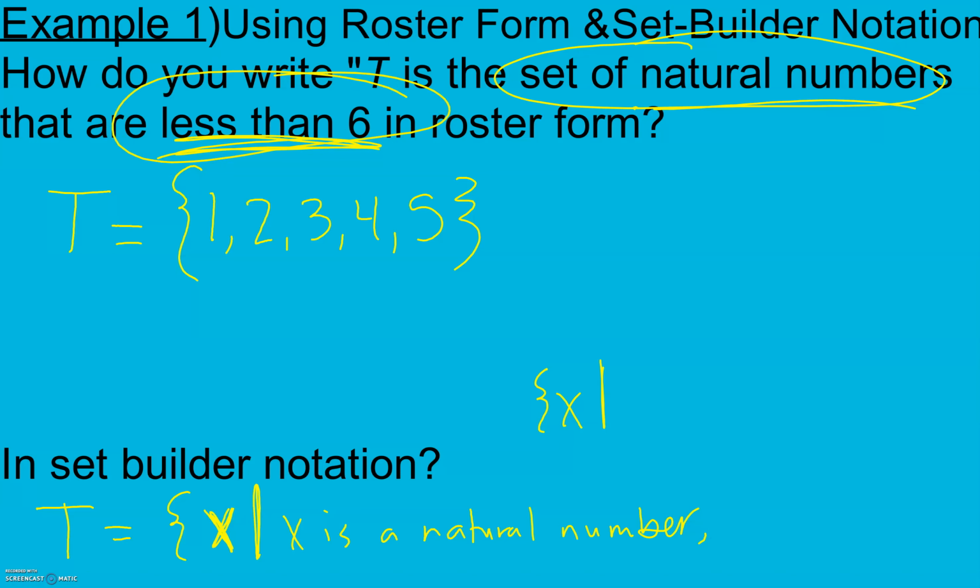It's less than 6, so we say that our variable is less than 6, and a curly bracket to show it ends. So again, in roster form, we list out all of our options. In set builder notation, we say the things it has to have in order to be included. It has to be both a natural number and less than 6. This part you always have in set builder notation, and in the middle we always have any restrictions or anything that describes our situation.